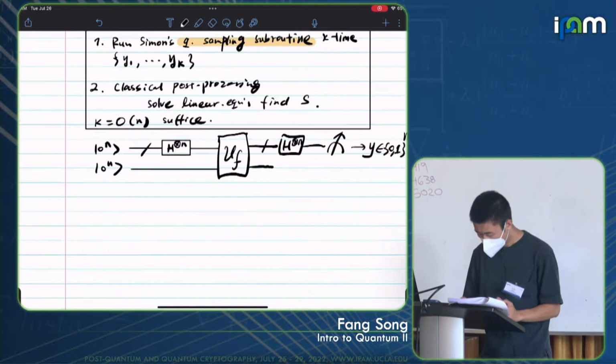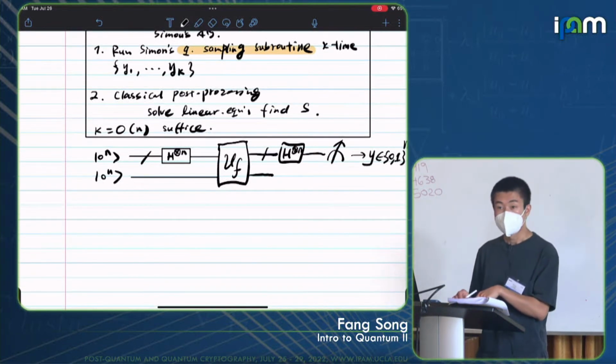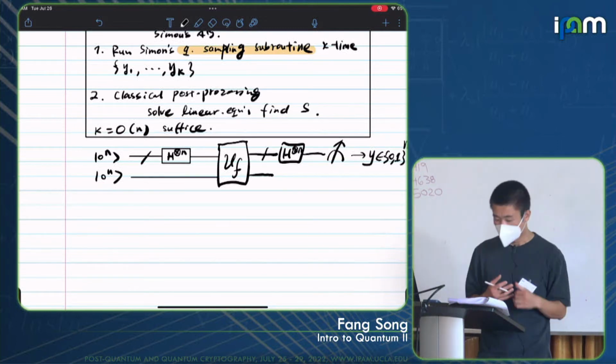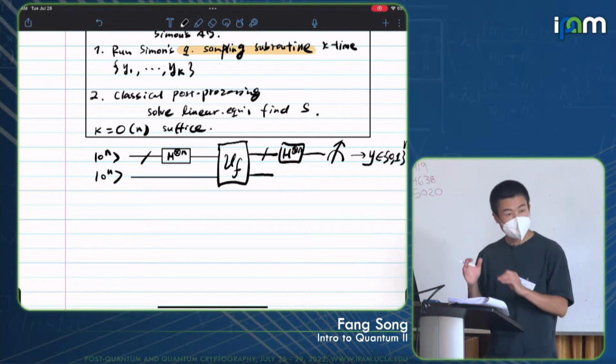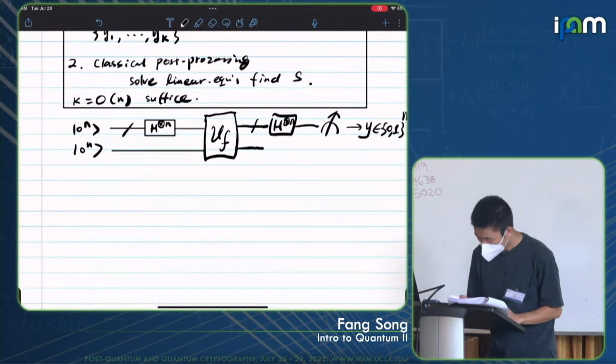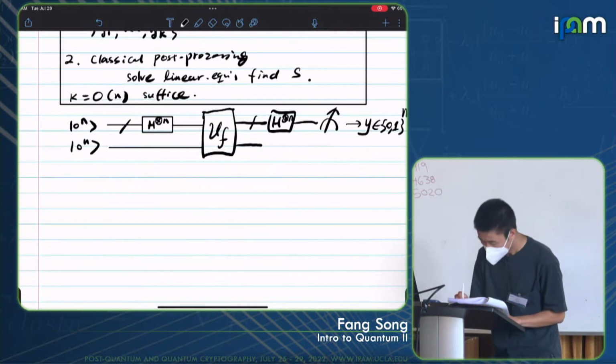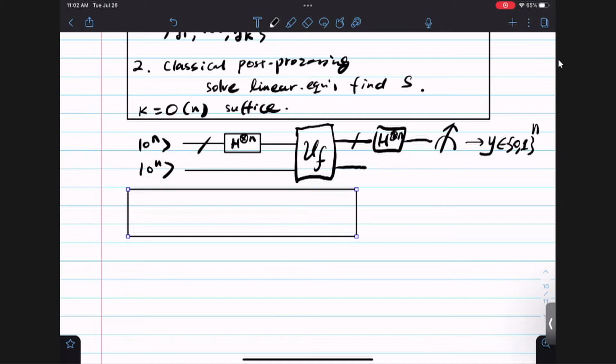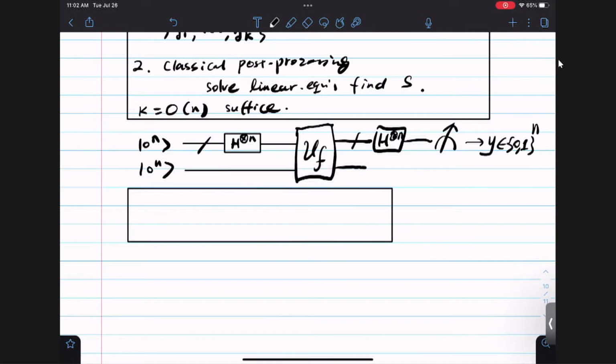And the critical piece is this sampling procedure, which we've designed this circuit with everybody's help. So let's see what this sampling subroutine does. Let me write down some useful algebraic identity without proof.